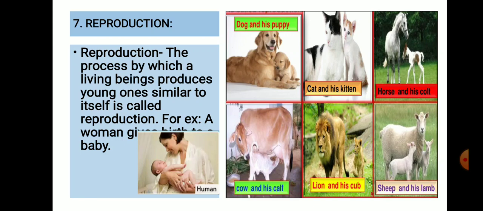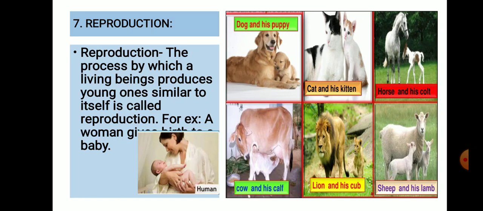You see here, students, a woman gives birth to a baby, a dog gives birth to a puppy, a cat gives birth to a kitten, a cow gives birth to a calf, a lion or a tiger gives birth to a cub, a sheep gives birth to a lamb. All these living organisms reproduce their young ones. Living beings continue their progeny, means offspring, by producing young ones of their own kind. That process is called reproduction.